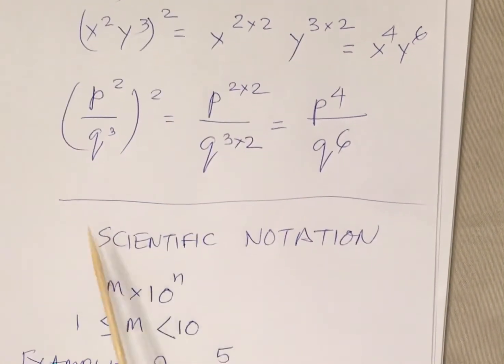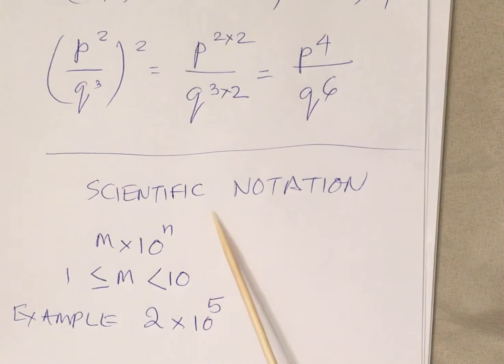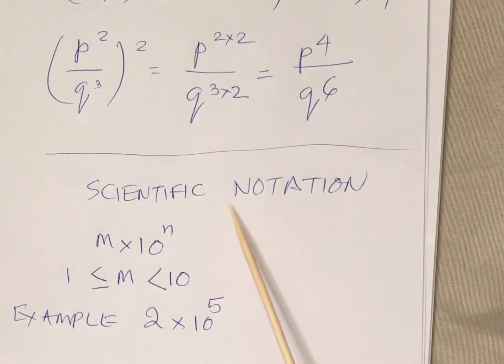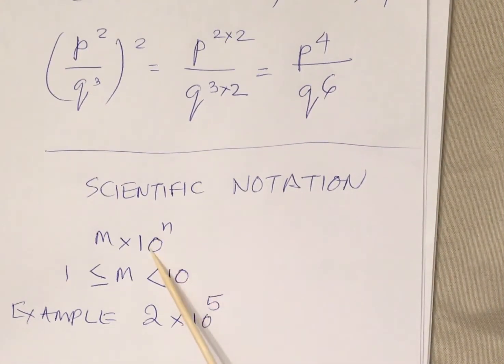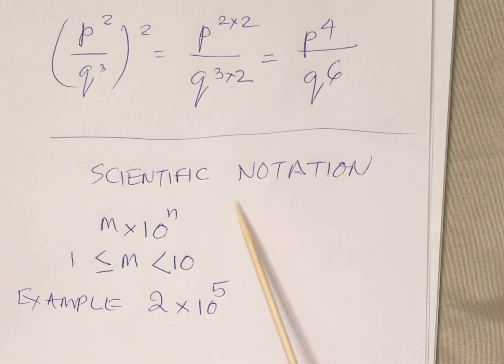Now comes scientific notation. Scientific notation is also the same thing as writing the power, but here we use 10 to the power, not any base, but 10 to the power, like 2, 3, 4, 5, 6, 7, whatever you want to use, depending on the number.